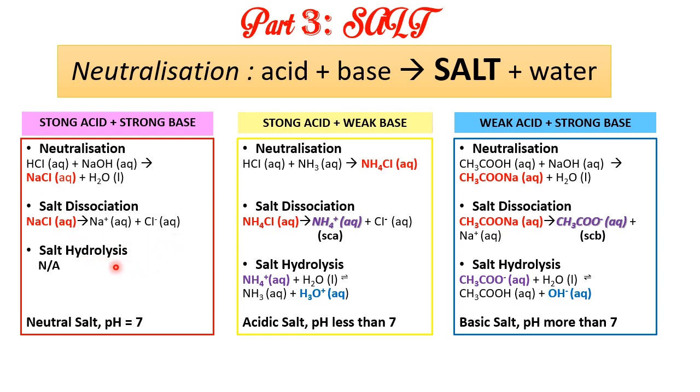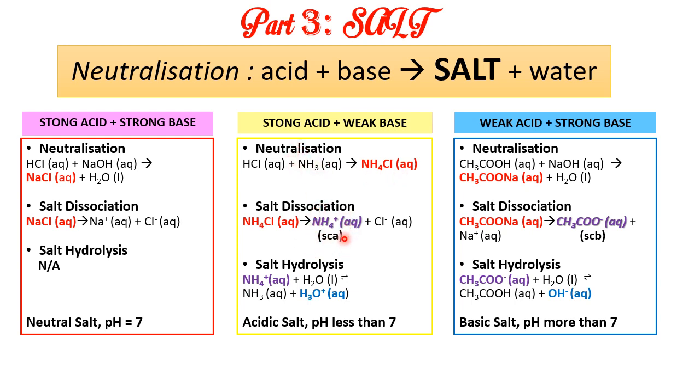Some of you might be confused about whether the reaction has a salt hydrolysis equation or not. It depends. If the reaction comes from a weak acid or weak base, yes. For example, in this case, we know that ammonia is a weak base, so it will form ammonium chloride. So the weak base will form a strong conjugate acid.